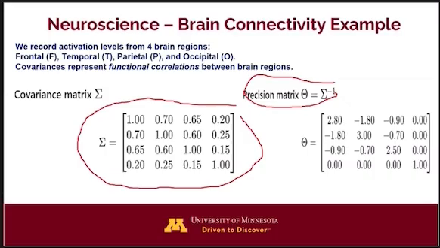Let me tell you, what is the essence of the precision matrix? The precision matrix is the one that tells us the conditional dependencies among variables. The covariance structure does not tell us conditional dependency. The covariance only tells us how they vary together.